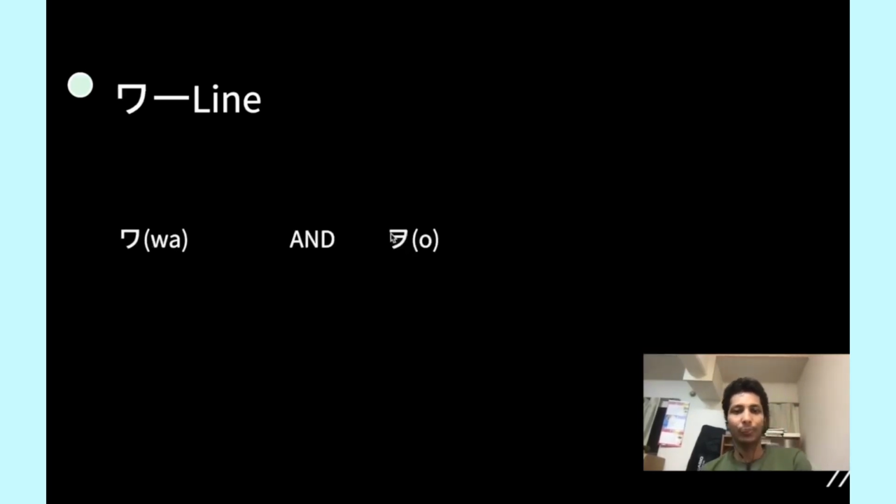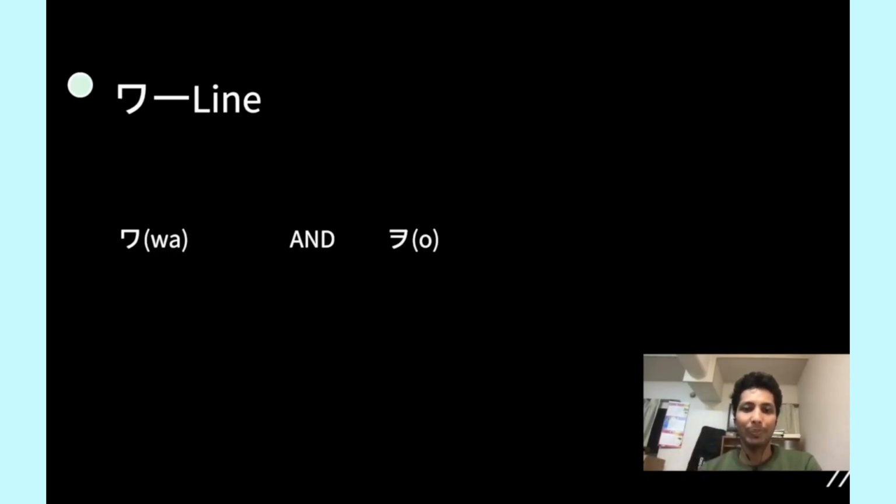And then o, so this was katakana o, and you remember hiragana o. Now you tell me, what is the use of o in sentences? Giving you 5 seconds. 1, 2, 3, 4.